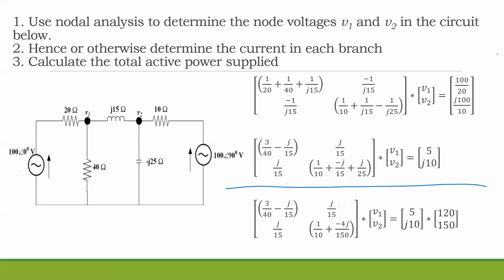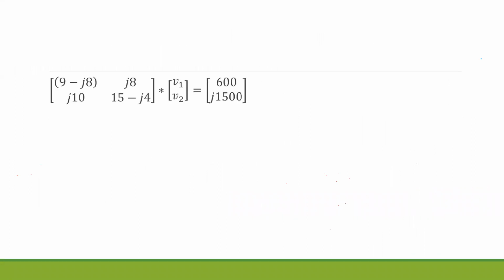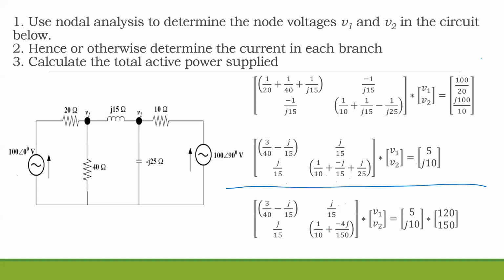When we multiply by 120, the top row would now become 9 minus j8, and we have j8. So if I multiply 120 by that, yes, 120 over 40 is 3.